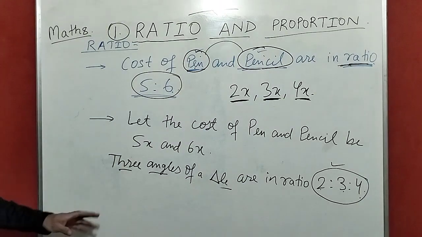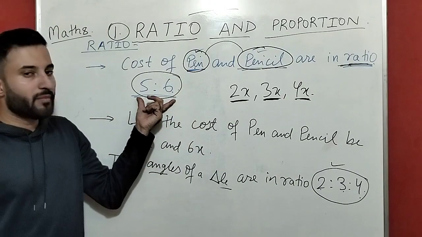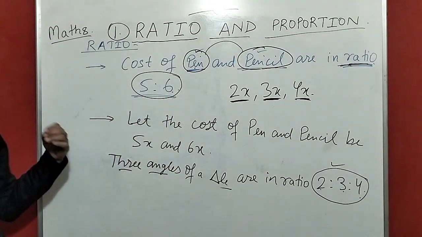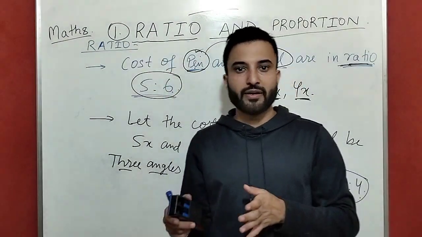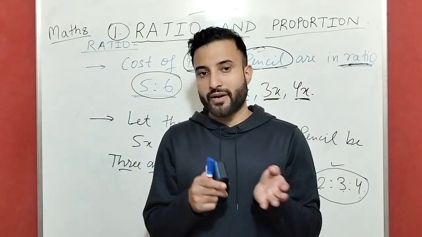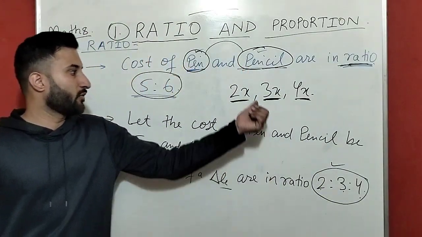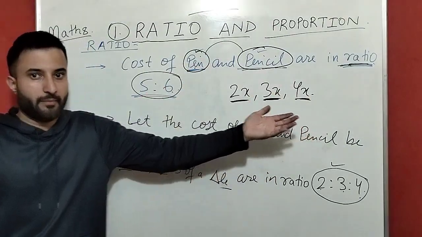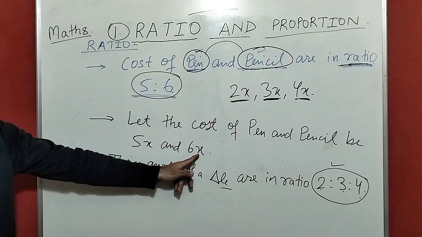Like we have seen, if the quantities are given in ratio, then we express them by using x with them. 5:6 becomes 5x and 6x.